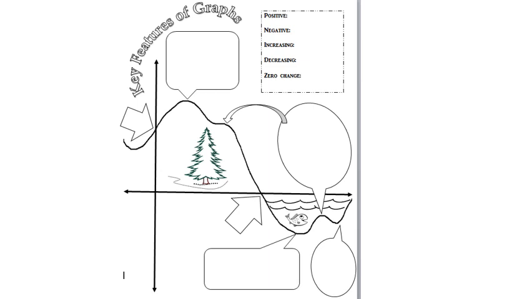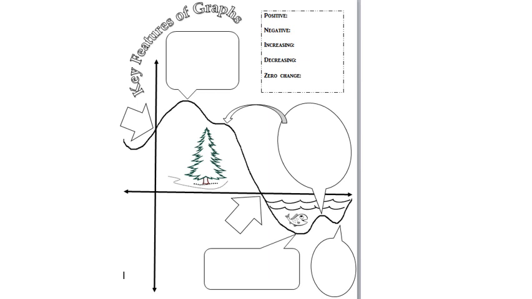Okay, so today we're just going to learn about the key features of graphs. As we do so, you're going to color this sheet that you have as we talk about it, and then you'll use this as notes in order to answer a few questions coming up.